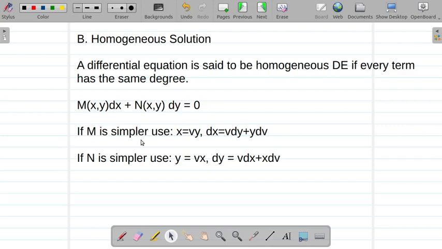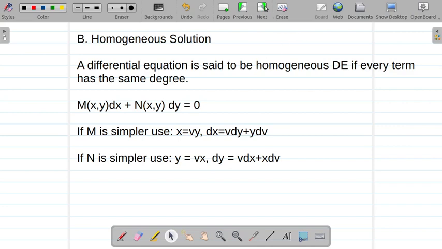Then, if m is simpler, use x is equals to vy. Then, derivative of x is equals to v dy plus y dv. Then, if n is simpler, use y is equals to vx. Then, derivative of y is equals to v dx plus x dv. So maghatag tag duha ka types sa solution, same sa separable variables, general solution o particular solution.